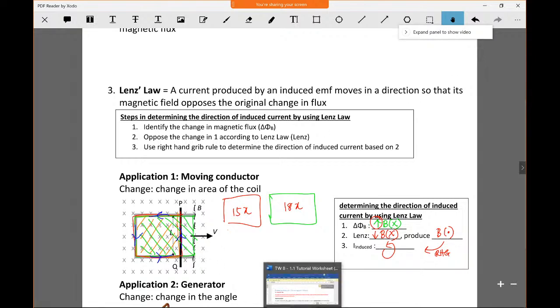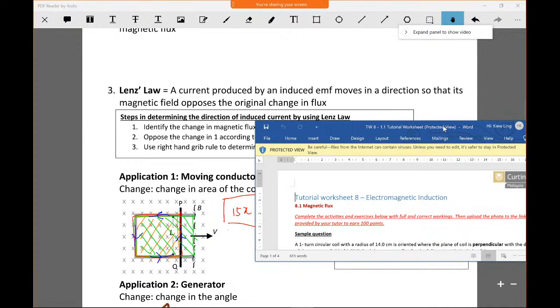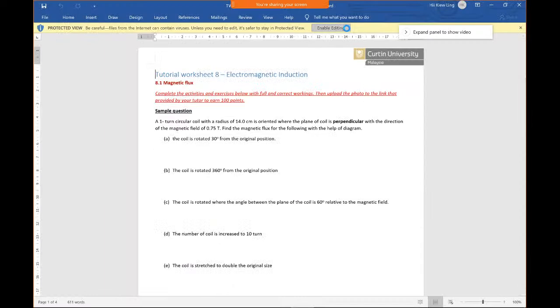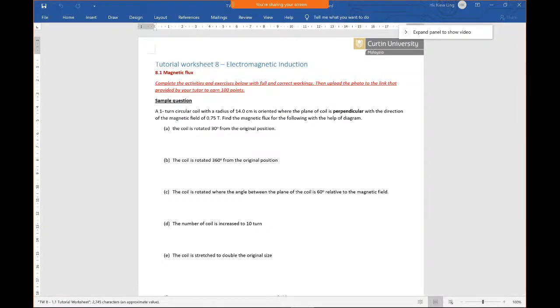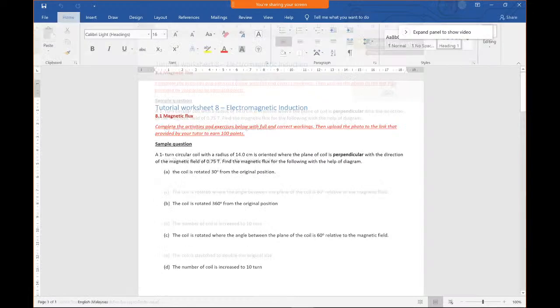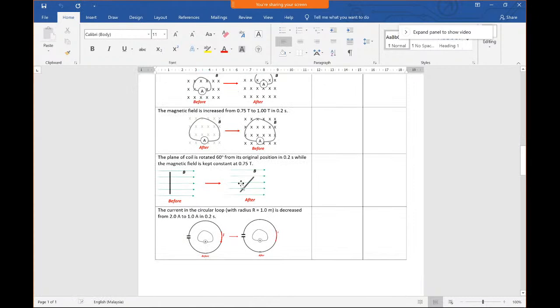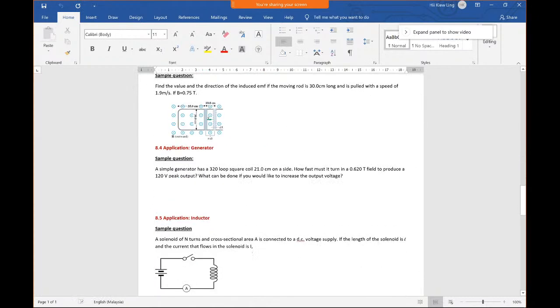So I want you to look at your worksheet. Drag down to 8.3.